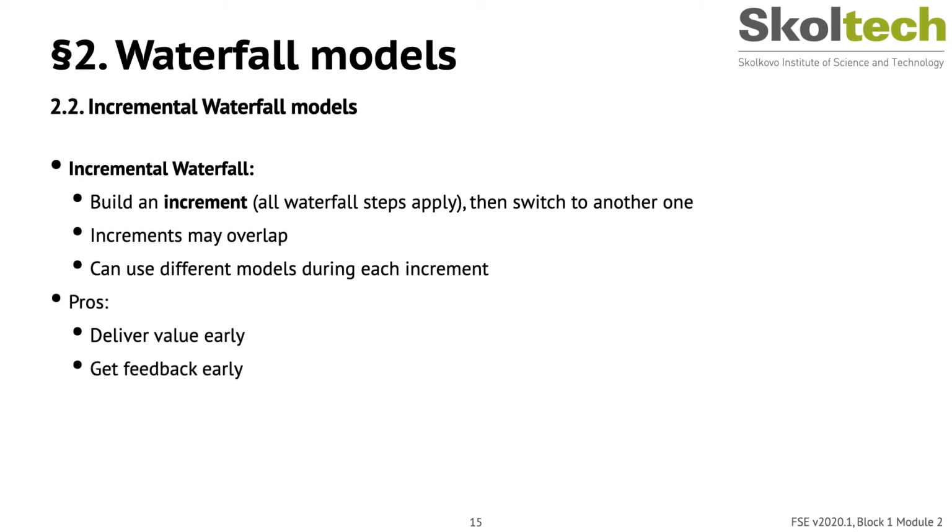So one advantage of having this incremental kind of model is to deliver feedback earlier, because you deliver a partial product, and you can already have the user test it and see if he likes it or not. And also maybe you can already deploy part of the product so that the organization who is the customer of the product can start getting value from that.